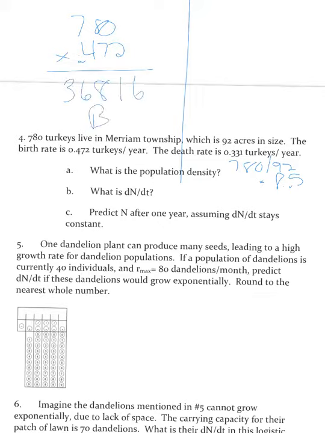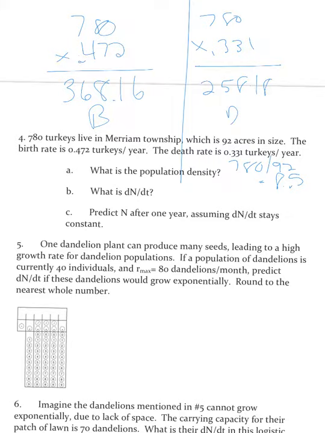That's your birth rate. And then you take 780 times the death rate, which is 0.331, to find out how many turkeys are dying, right? Because you're getting 368 turkeys being born each year, but then you have a death rate of 0.331, which makes it 258.18. That's your death rate, right? So 258 turkeys are dying for each year.